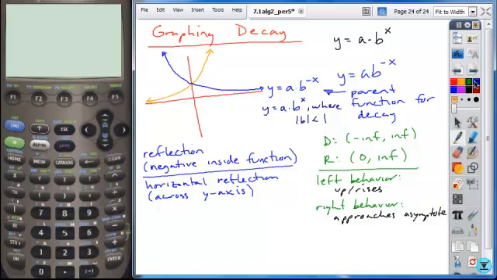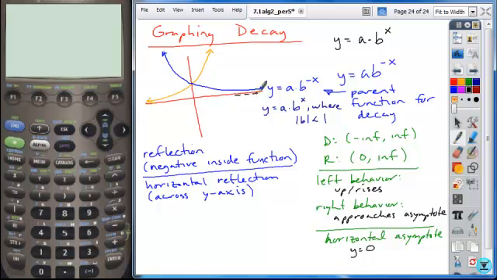Okay, which brings us to where is the asymptote? We're dealing with a horizontal asymptote again, just like we did with the growth function. So our equation for that is going to be y equals 0 as our generic one.